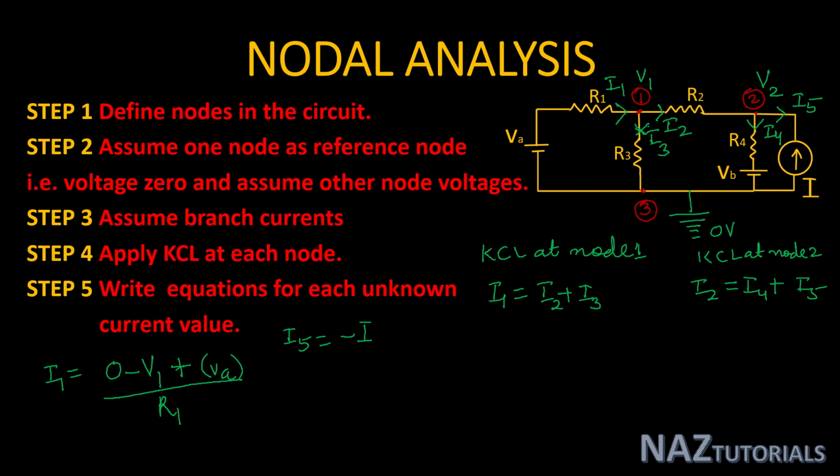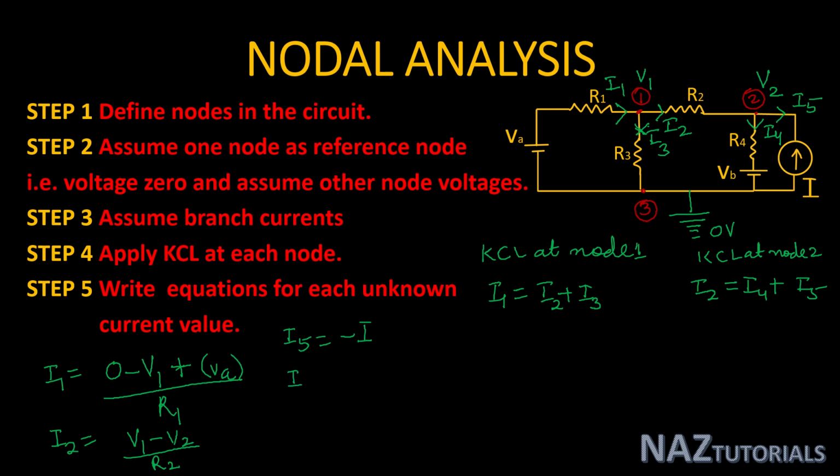This is our I1, and if we see the value of I2, I2 is V1, the initial voltage, minus V2, the final voltage, with no other sources, and the branch resistance is R2, that is V1 minus V2 divided by R2.